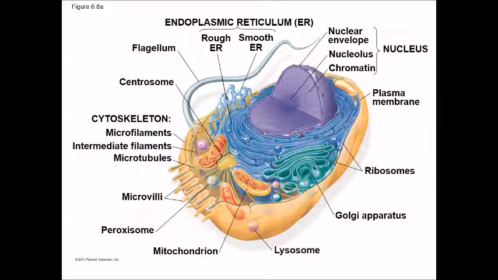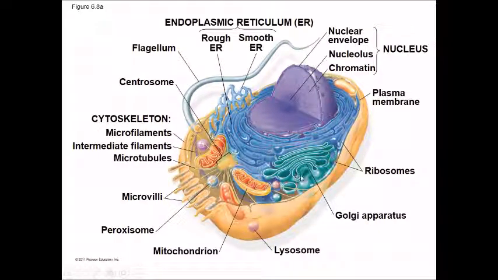So this is how the animal cell looks. They have flagella, and the nucleus, which has its own membrane known as the nuclear envelope. This is the plasma membrane of the cell, the ribosome, the rough endoplasmic reticulum, and the smooth endoplasmic reticulum, which does not have ribosomes.